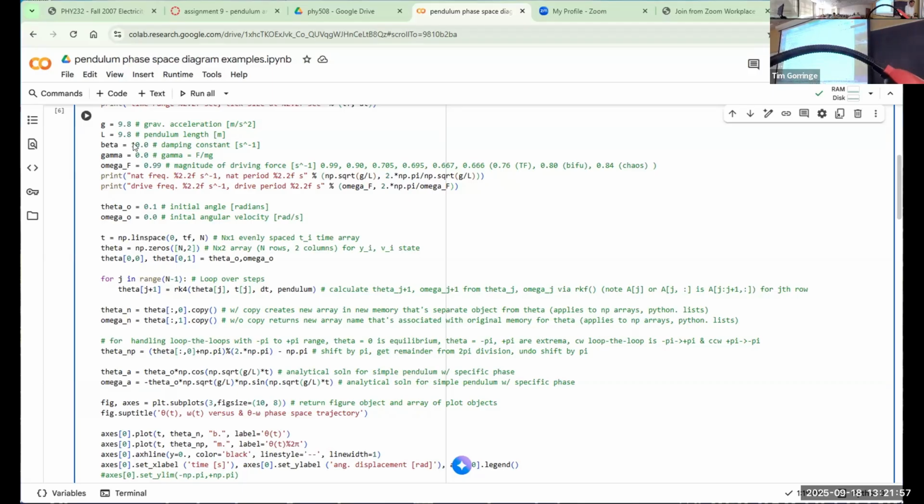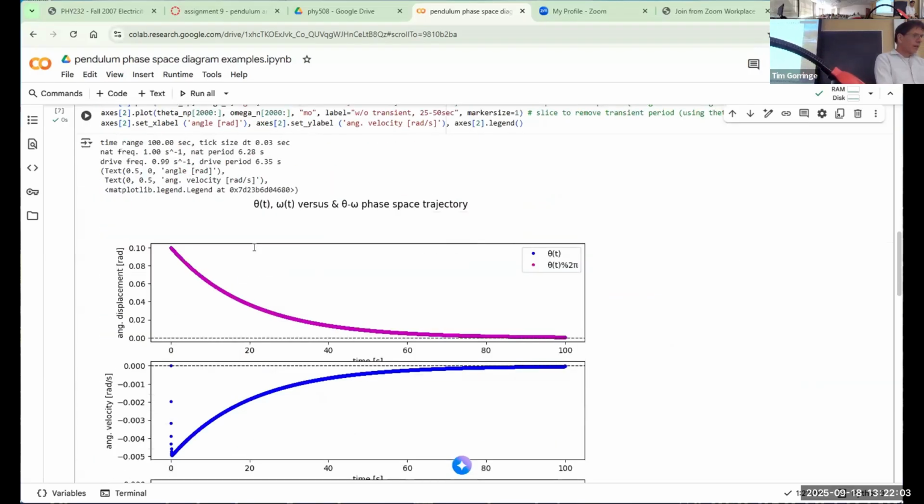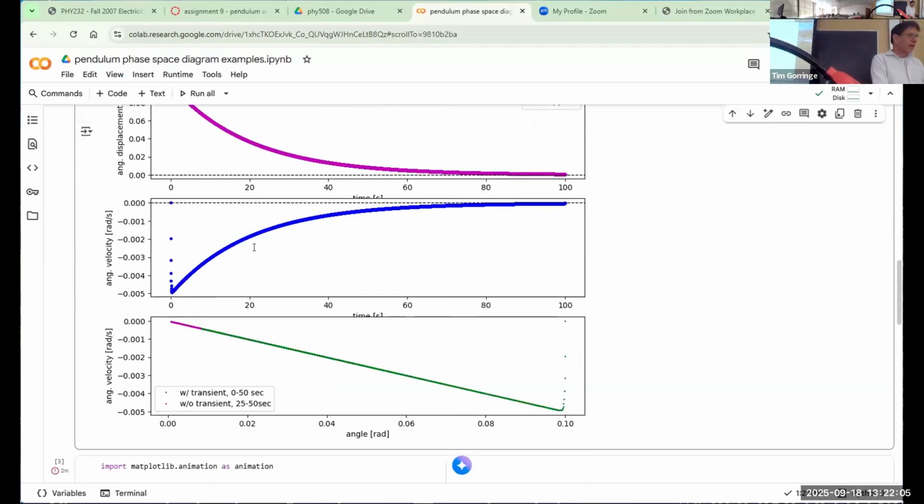And we can see that. Run this again. In these top two plots, you see it takes longer to get back to the equilibrium point. In the bottom plot, look at the angular velocity. Well, they're tiny.